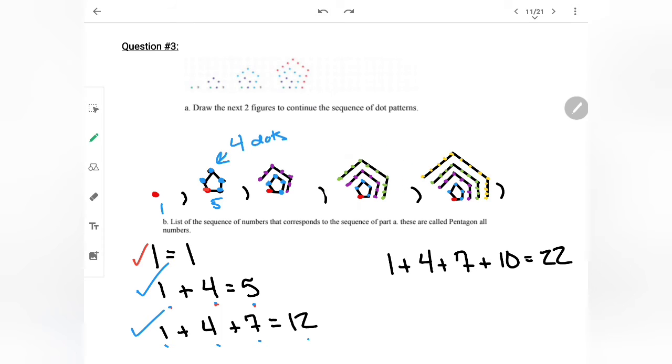As far as this goes, this green layer of dots should be equivalent to 10, which is 1, 2, 3, 4, 5, 6, 7, 8, 9, 10. Therefore, 1 in our first figure, 4 which was added in our second figure, 7 added in our third, and 10 which was added in our fourth, will be added together, and we will have a total of 22 dots making up the figure.